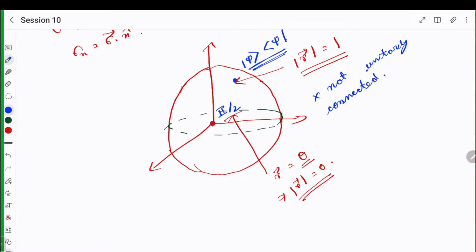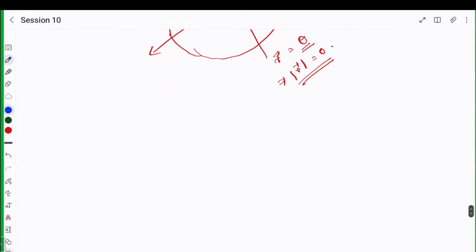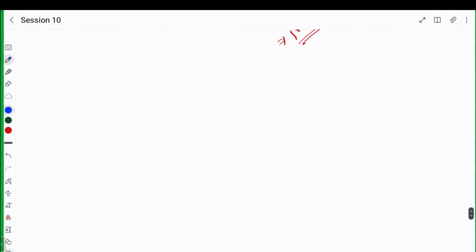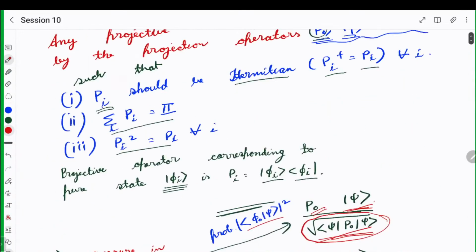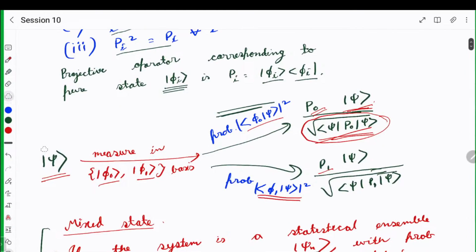All right. Now let's look at how we can describe the measurement of density matrices. For pure states, we already saw in the last class what will happen.